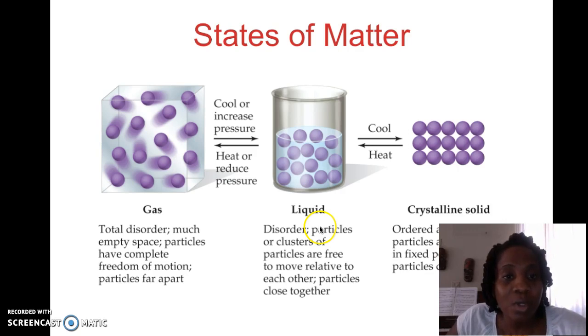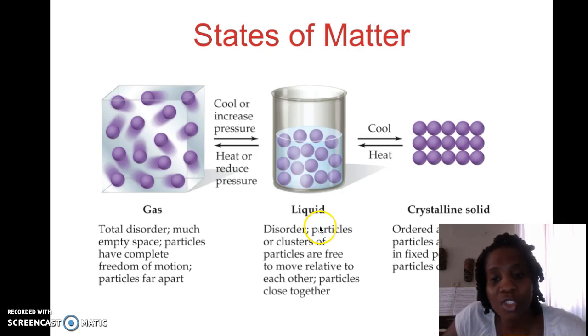If that substance cools down, or if you increase the pressure, you can now have a liquid where you still have disorder, but now the particles are close to each other. And then finally, further cooling or increased pressure would produce a solid, where you have a specific arrangement. The particles are in fixed positions. They do have some motion, such as vibration, but they are very close together.